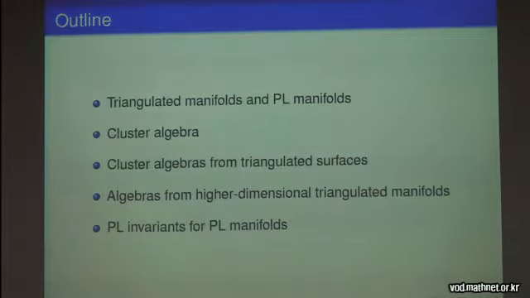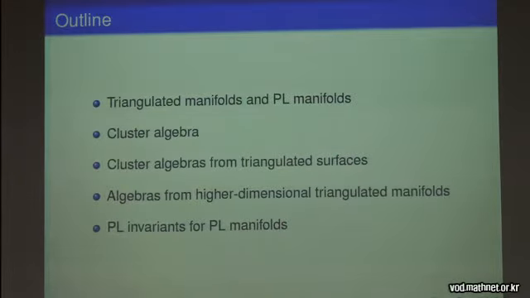But here, we just work in the case of the bistellar move, unlike Fomin, Shapiro and Thurston's work, which considers the moduli space. Finally, I will show you some ideas and results on how to define a PL invariant for PL manifolds.